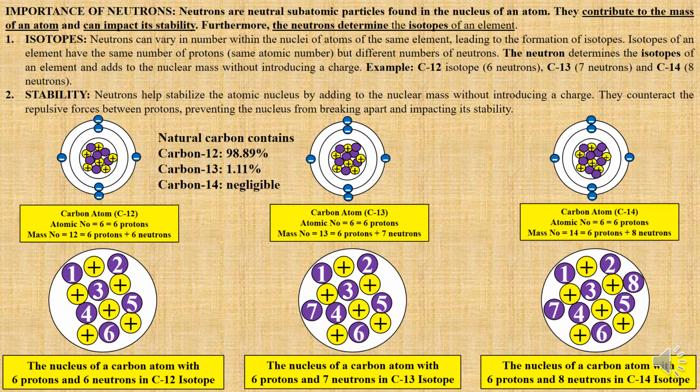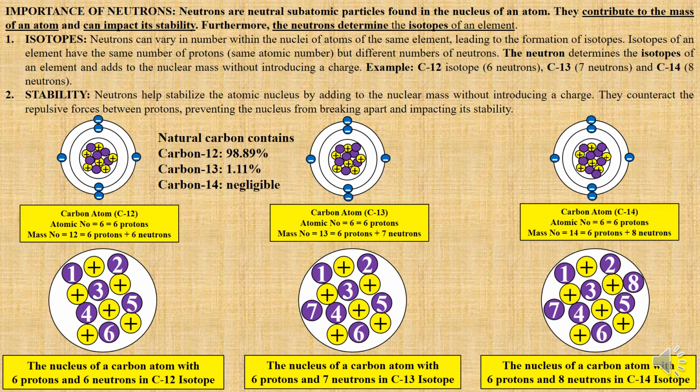So there are 6 neutrons in case of C12 isotope, 7 neutrons in case of C13 isotope, and 8 neutrons in case of C14 isotope. So neutrons can vary in number within the nuclei of atoms of the same element, leading to the formation of isotopes.